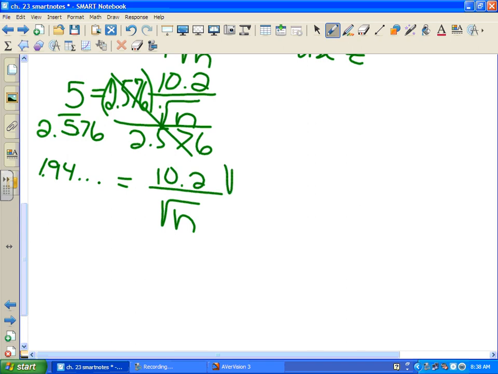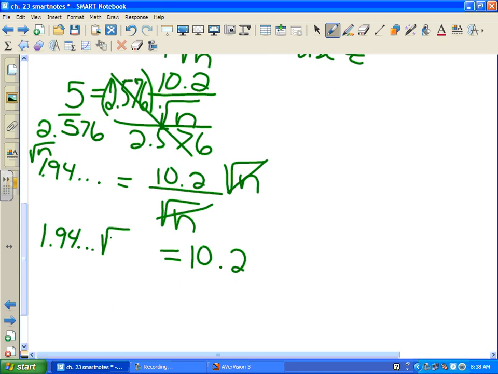We'll multiply by radical n. Testing your algebra knowledge on solving radical equations. So now what? Yeah, divide by the 1.94 or whatever.